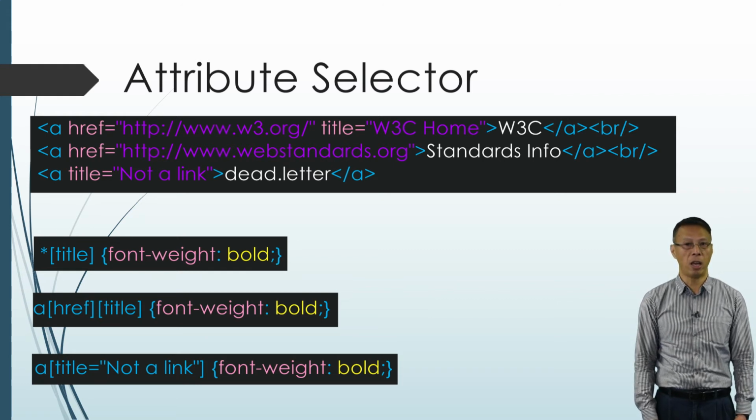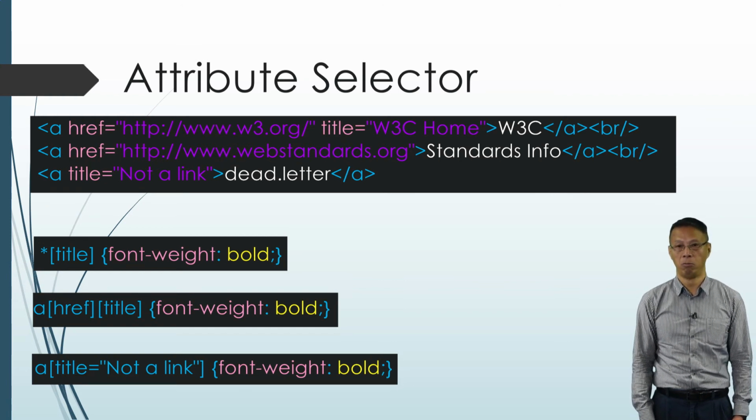Star title means that for all elements with the title attribute, then the displaying rule will be applied. Here we can look at the source code in the HTML file. Obviously, the first rule is applicable to the third line.